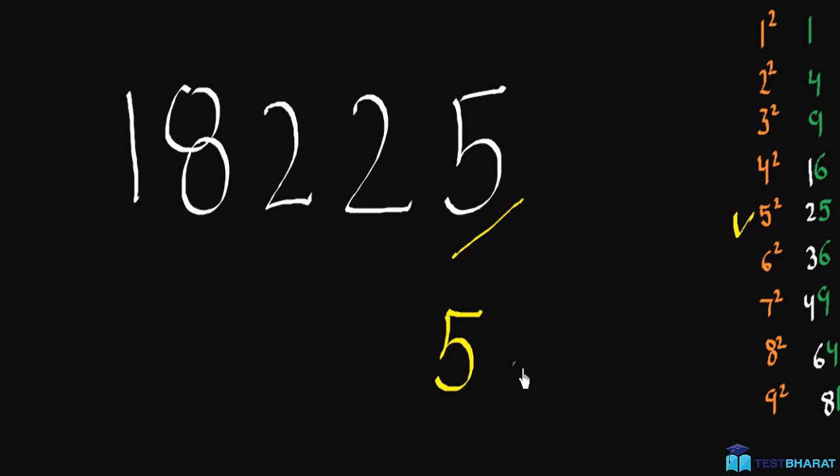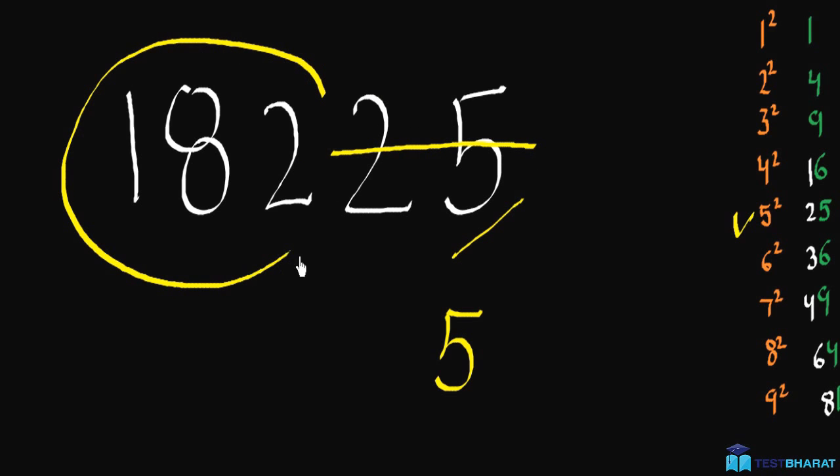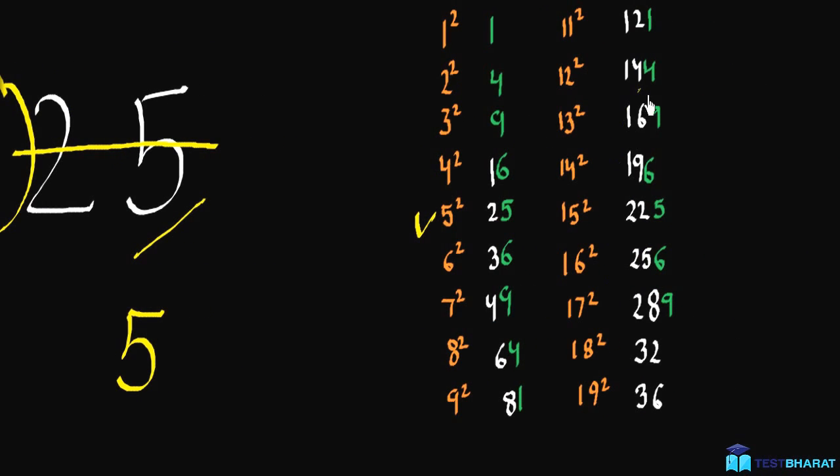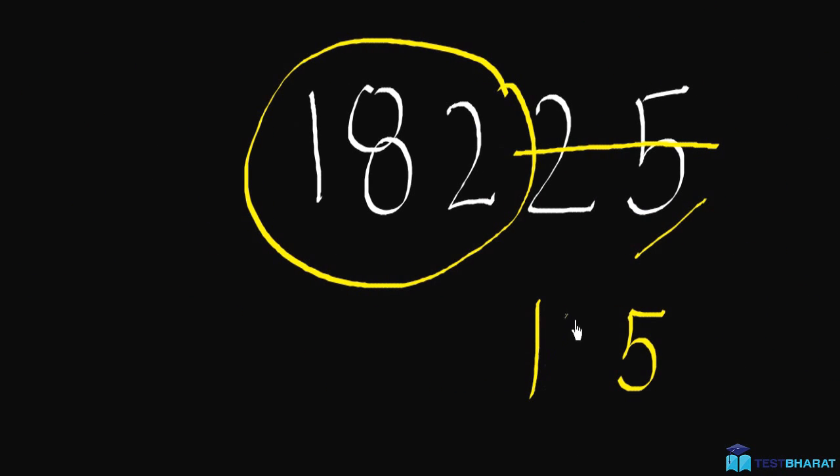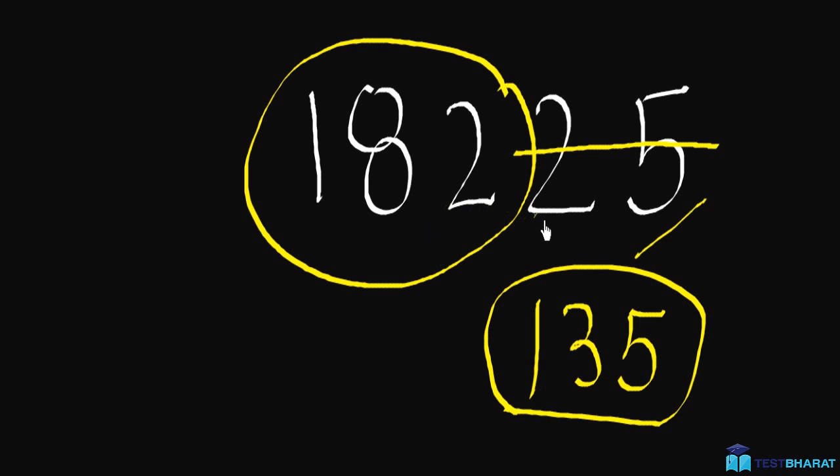So the ones place is fixed, and then we cut the last 2 digits and we look at the number which is remaining here. So I'll compare 182 wherever it's lying. So 182 will be between 13 and 14, so I'll pick up the lower one which is 13. So 135 will be my square root of this number.